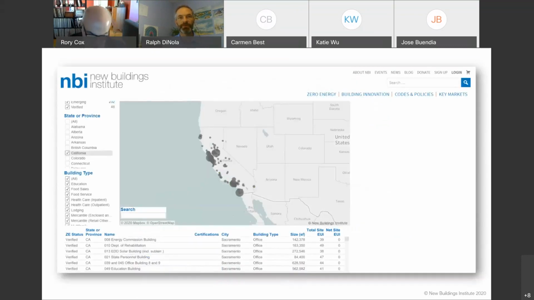The other thing I wanted to point out, and I think the energy equity indicator tool might have the potential for this, is that there's currently no database or map to find all the incentives in the state. I'm bringing up this New Buildings Institute Zero Energy Buildings database, which uses database software and Tableau to provide detailed information about zero energy projects in California, and actually across the US and Canada.